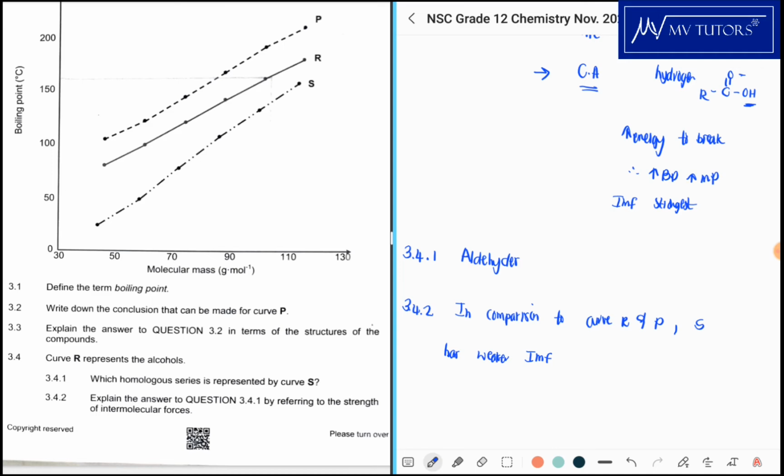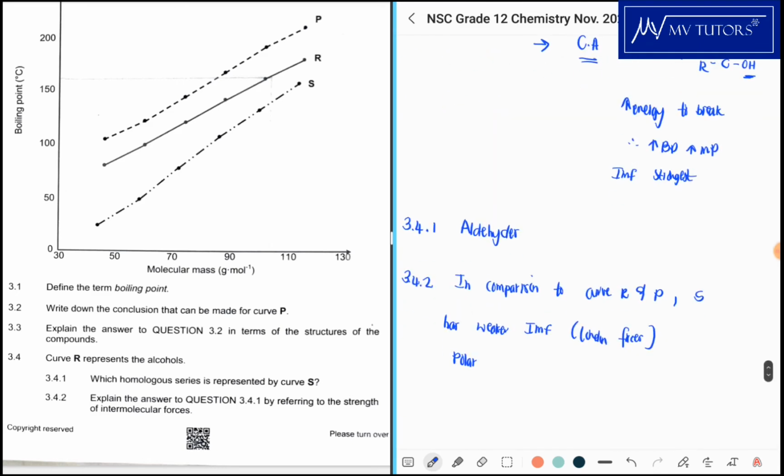All right, so with the carbonyl groups, the London forces are weaker. Okay, so weaker intermolecular forces, like we had said previously, those are your London forces. So it's weaker in comparison to alcohols as well as the carboxylic acids. And really that has to do with the fact that carboxylic acids and alcohols have hydrogen bonding. This is just polar. Okay, it's polar.